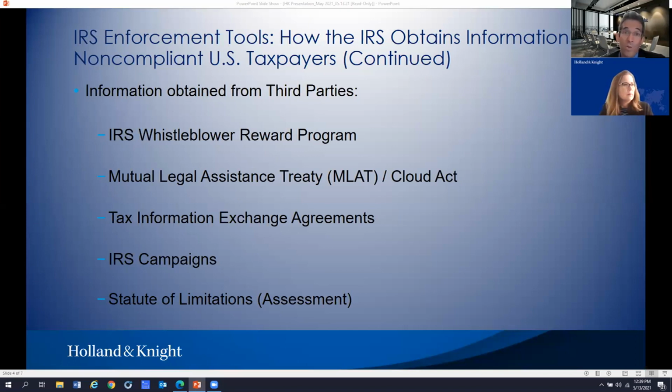So, notwithstanding not having a treaty, we have these agreements with many countries that we're working together to share information. This might be information that doesn't come through FATCA and the IGA process.